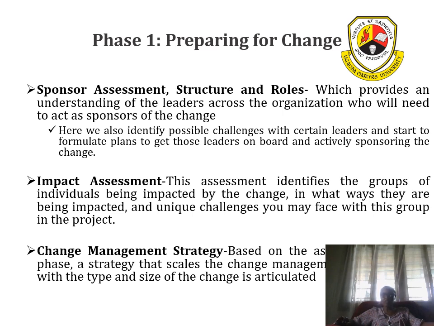So the planning process also identifies the sponsors, the leaders. It also gives an assessment of the impact that it will have on the group where the change is going to happen. Then the change management strategy. This is where you determine, are we going to do this in phases, and how will this be done?